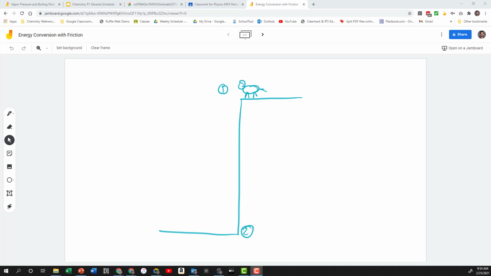The way you do this would be that you have the kinetic energy at 1 plus the potential energy at 1 equals the kinetic energy at 2 plus the potential energy at 2. This is an equation on your reference tables, on the back.